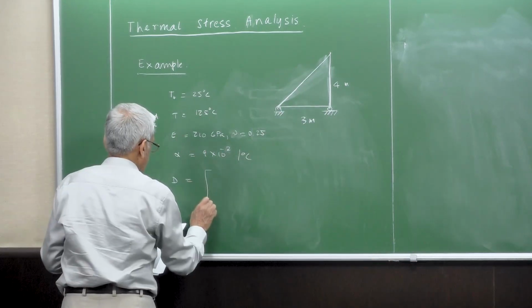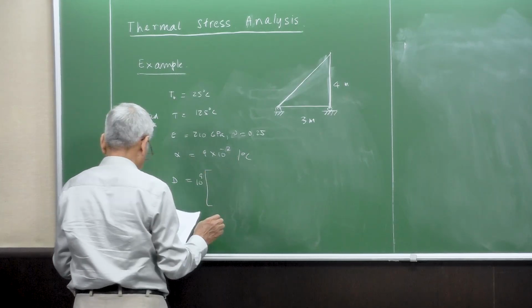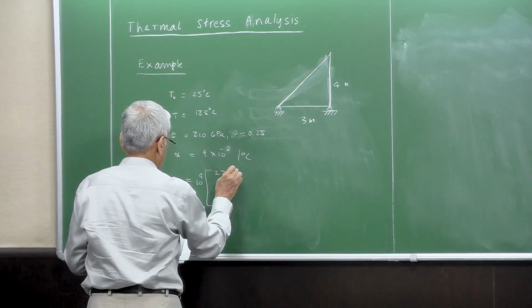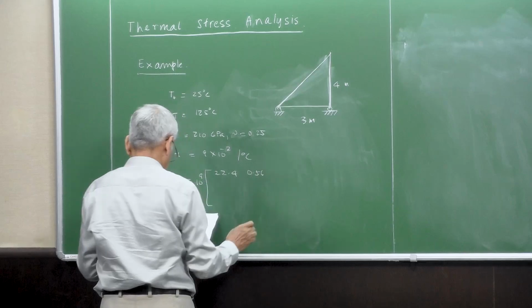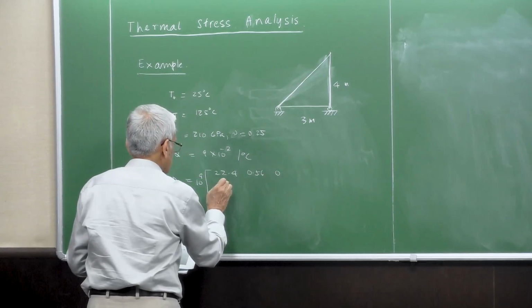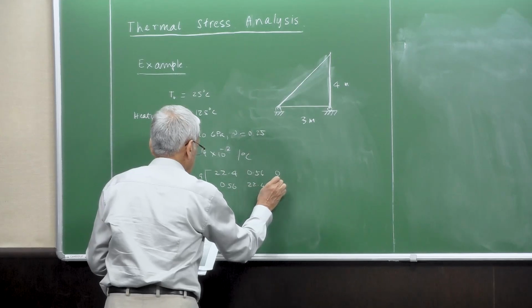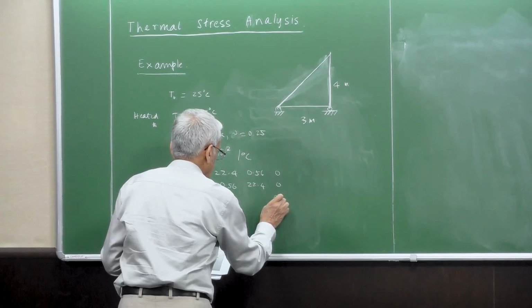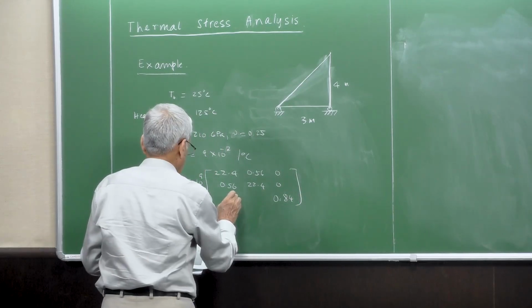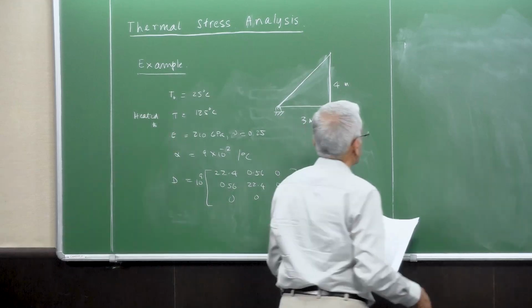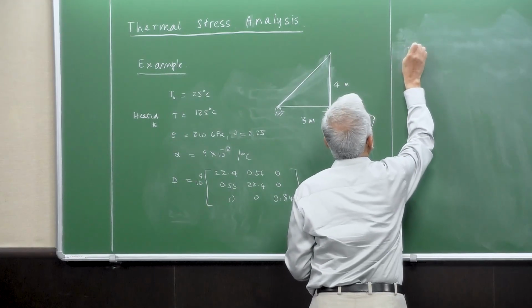So D here is 10 power 9. Now we have the same B as earlier.